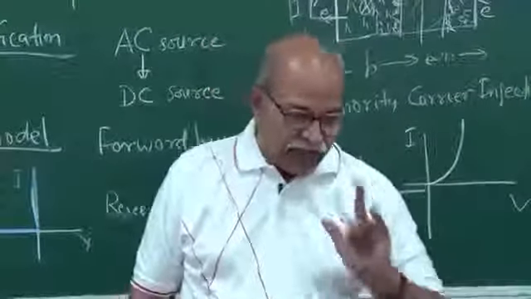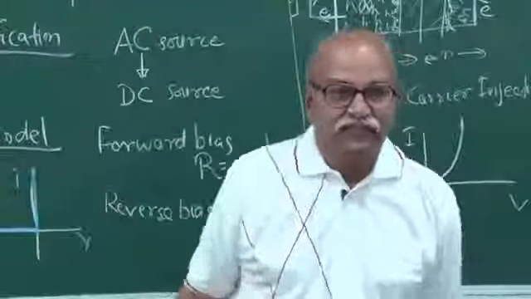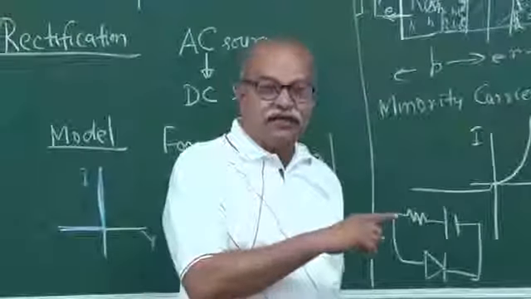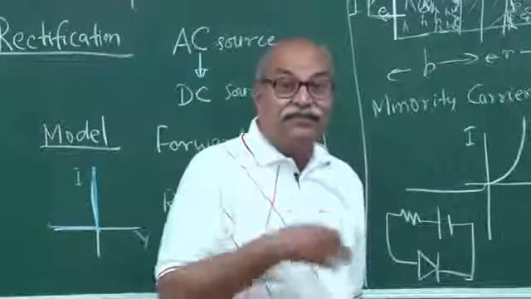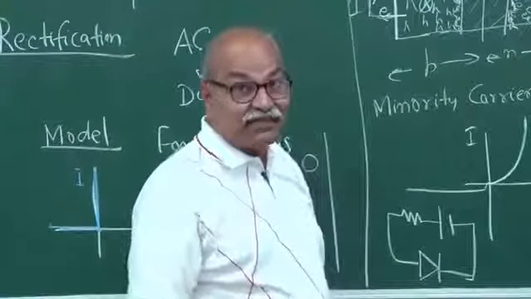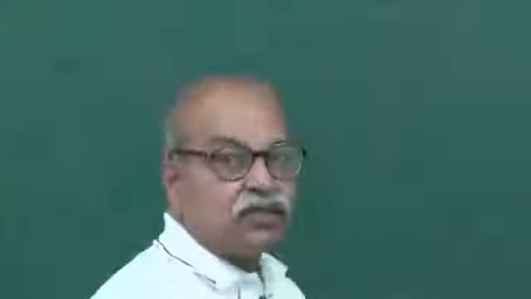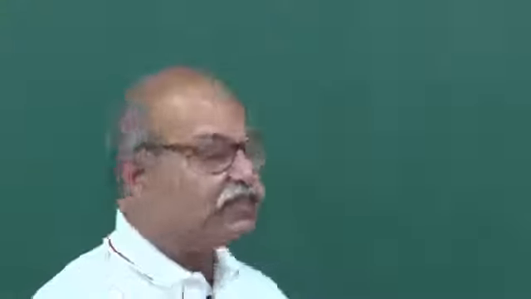Okay. So let me talk more about how this rectification can be done, or at least how the basic unit can be developed using this diode. Suppose you have an AC source.